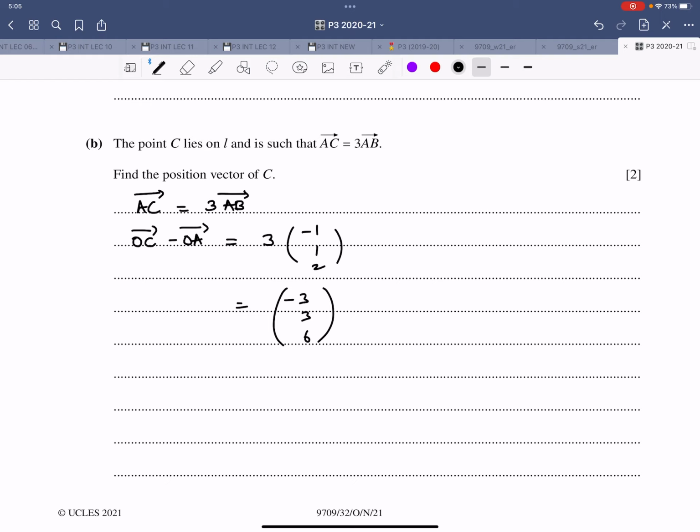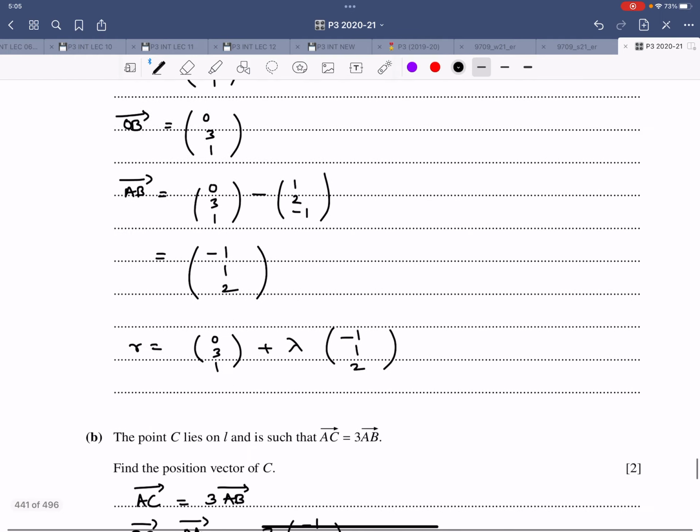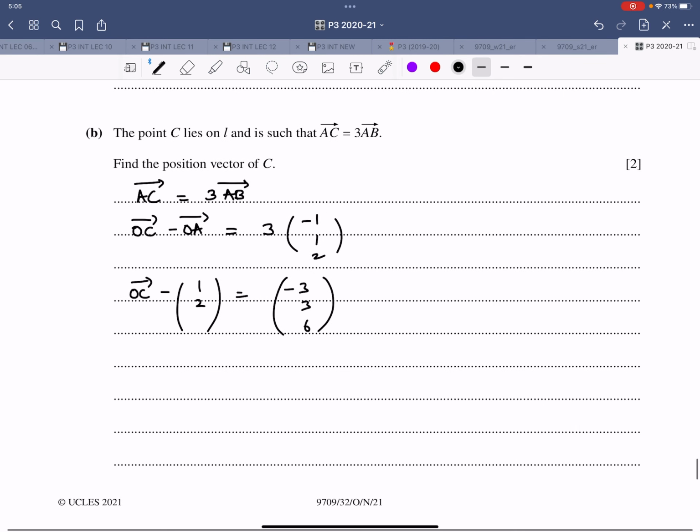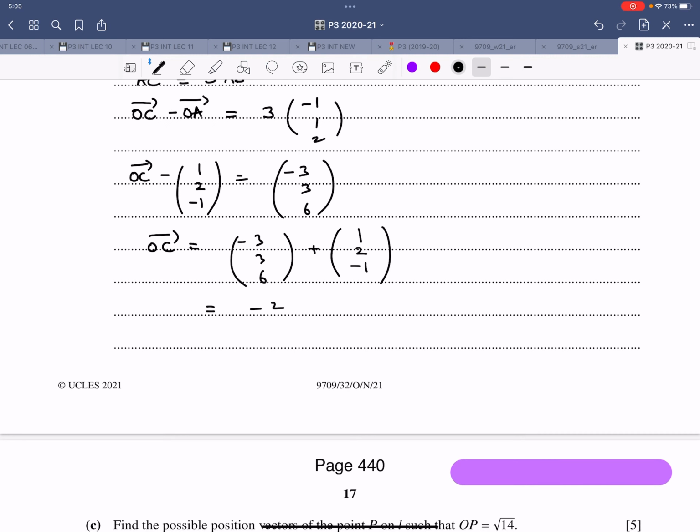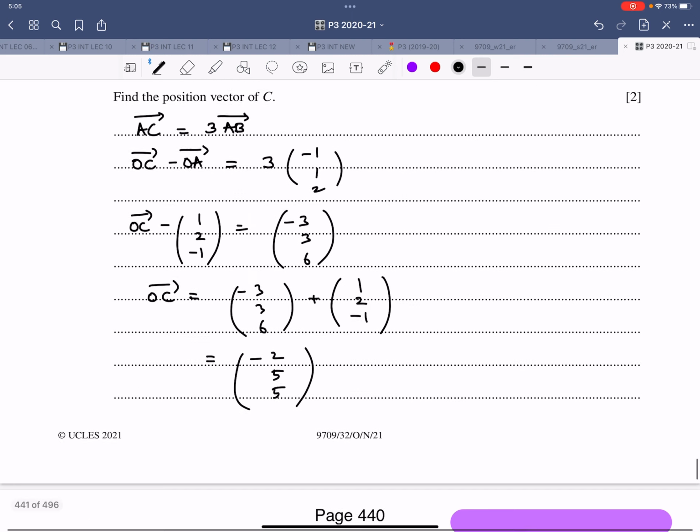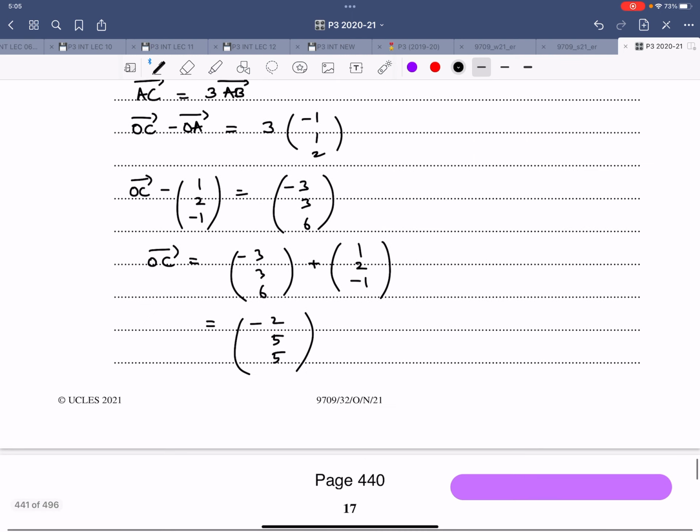This is OC minus OA, and OA is (1, 2, minus 1). Therefore, OC is (minus 3, 3, 6) plus (1, 2, minus 1). Minus 3 plus 1 is negative 2, 3 plus 2 is 5, 6 minus 1 is 5. So the answer is (minus 2, 5, 5). That makes perfect sense. They're asking for the position vector. If they would have asked for coordinates of C, I would write it (minus 2, 5, 5).